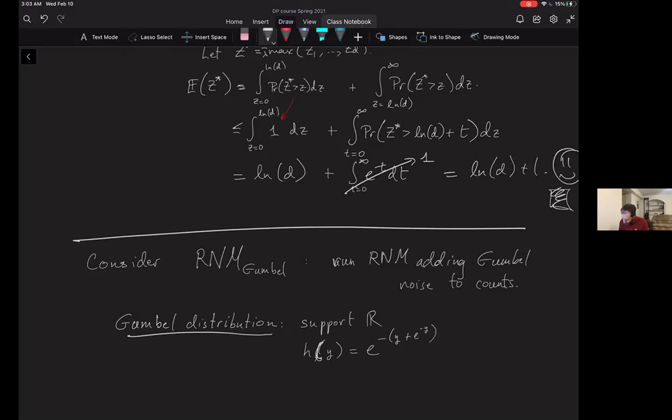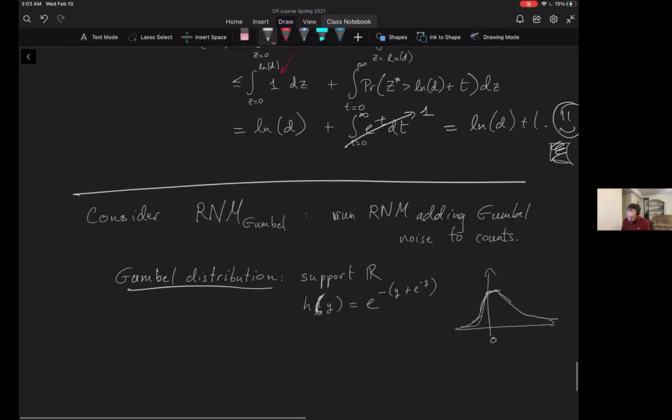So it's kind of a funky distribution. It kind of looks like that. The mode is over here. So it's skewed to the right relative to the origin.